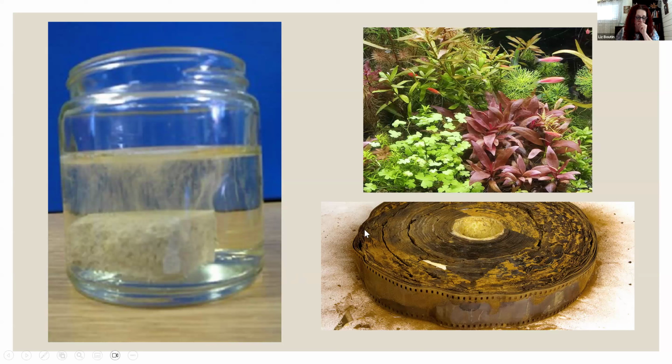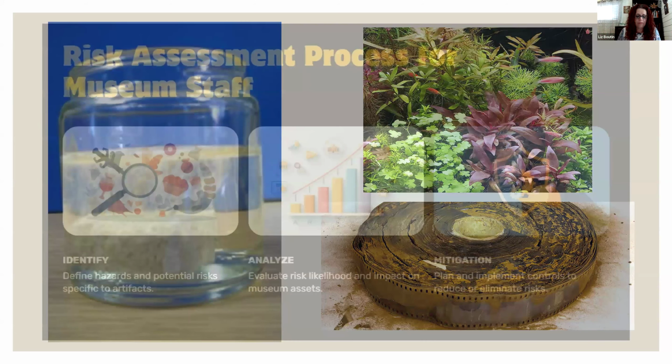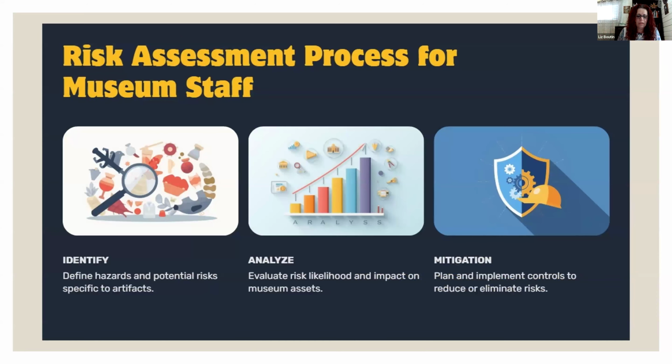Another thing to keep in mind is any of your collections that might have liquid objects, or art that can have liquid mercury or asbestos in the sculpture, or even works on paper that contain blood. It's something that you want to make note of when you're doing your risk assessment. So circling back, basically the risk assessment is you're identifying the potential hazards and risks to your objects or your building or even your staff.